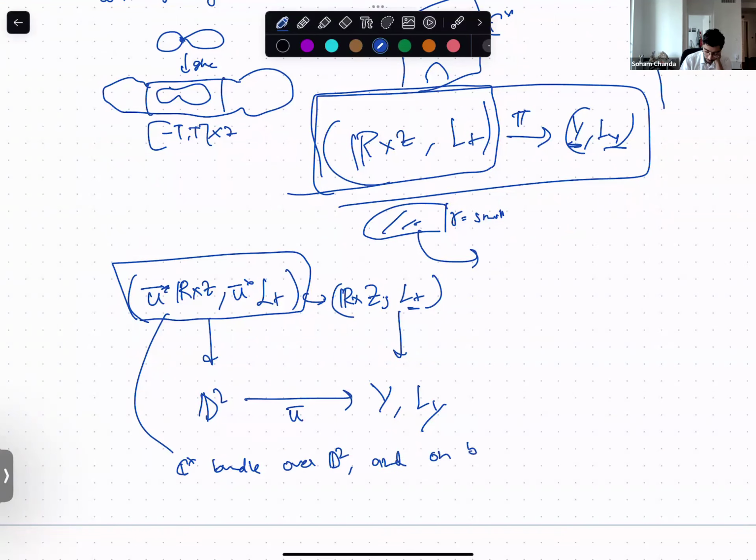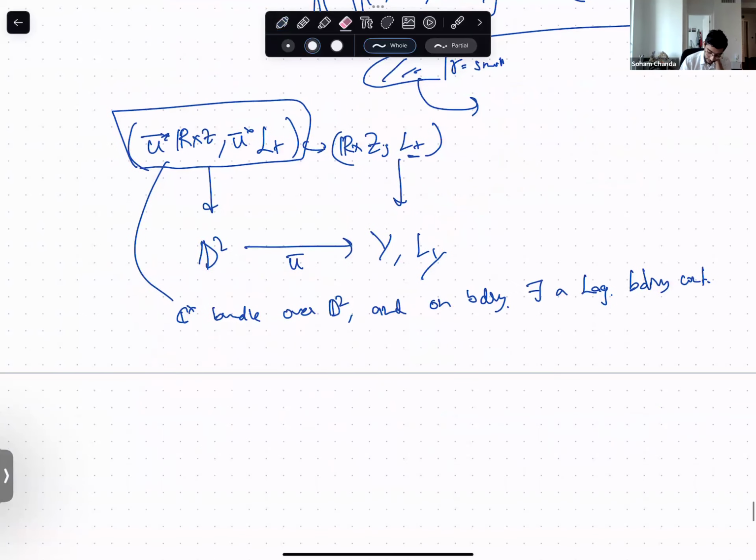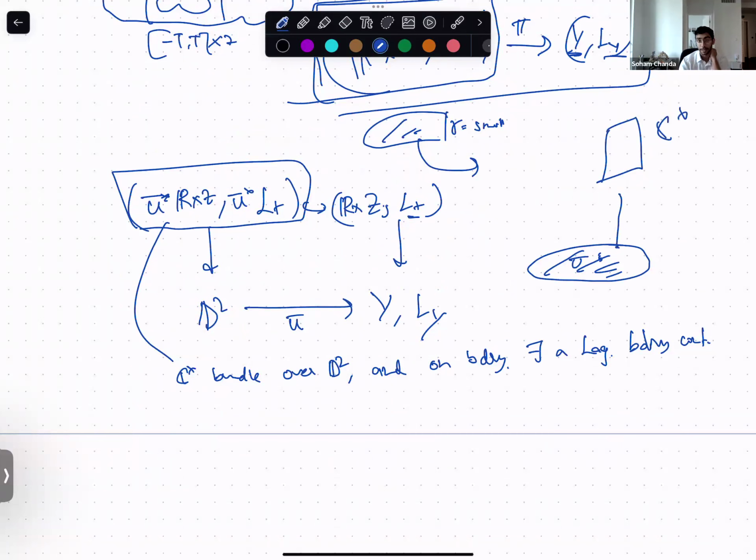And on the boundary, you have the data of a Lagrangian boundary condition. So you have this disk, U bar. For each point on the boundary, you have a C star fiber, but not only that, you have this boundary condition, which looks like the thing I showed, like these curves joining the Lagrangians.